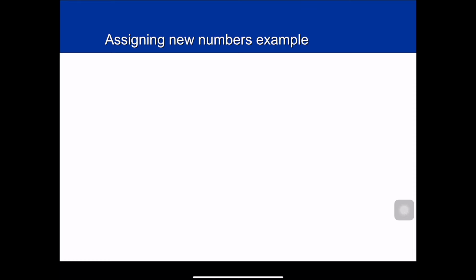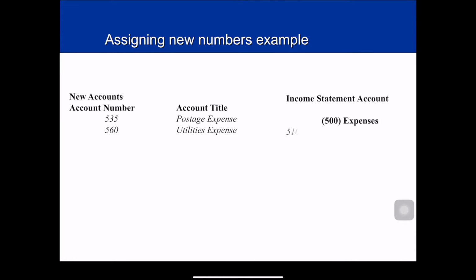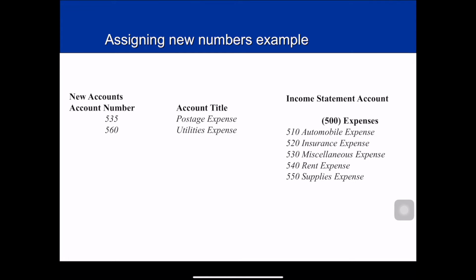If we were assigning new numbers and we would do postage and utility expenses, you can see on the right side, our income statement accounts from our chart of accounts, postage expense would fit right in here, between M and R, so therefore it would have the account number 535. Utility expense would fit at the end, so therefore it would have the next number in line.